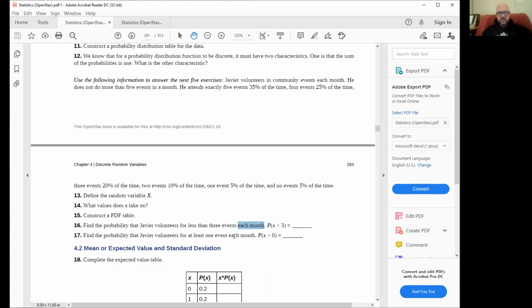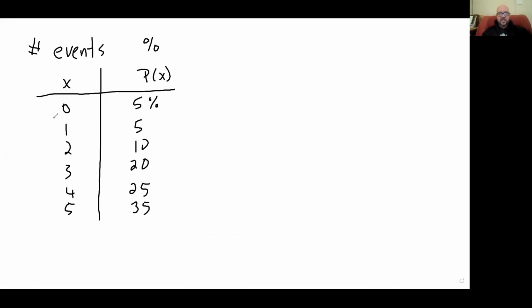So in other words, the probability that X is less than 3. We can just get that from the table. X less than 3 is 0, 1, and 2, so it's 20%. Those guys added up.